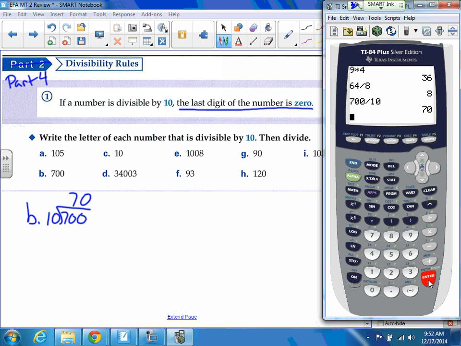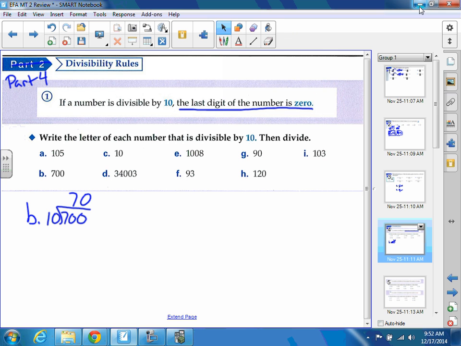Go ahead and look at the rest of these, C through I. I will tell you that there are 3 more in here that are divisible by 10. You can go ahead and pause the video to do this part, and then when you're done, start the video again and go on to the next part of this divisibility rule.